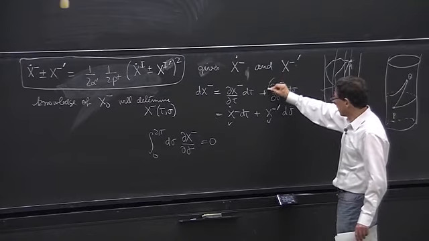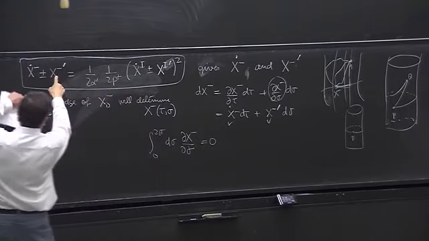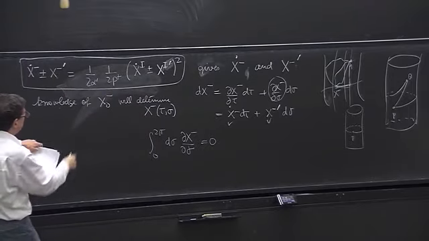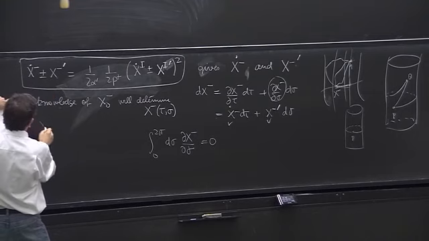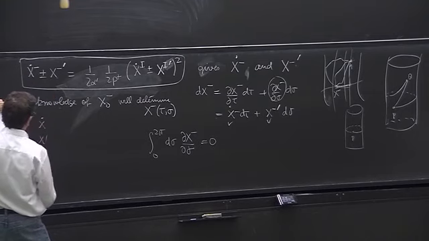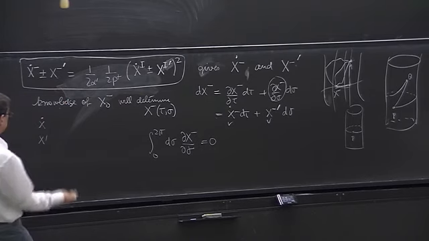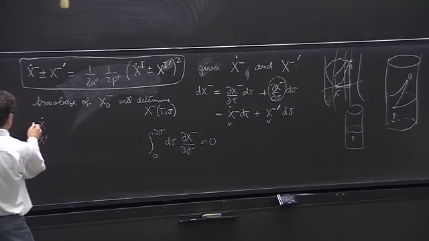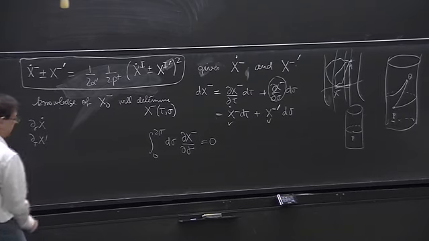You see, if you look at what x minus prime is, let's just get an idea. This is very funny, because you get from here x dot and x prime. And you say, OK, are they consistent? And you could say, well, let's take a sigma derivative of this and a tau derivative of that.